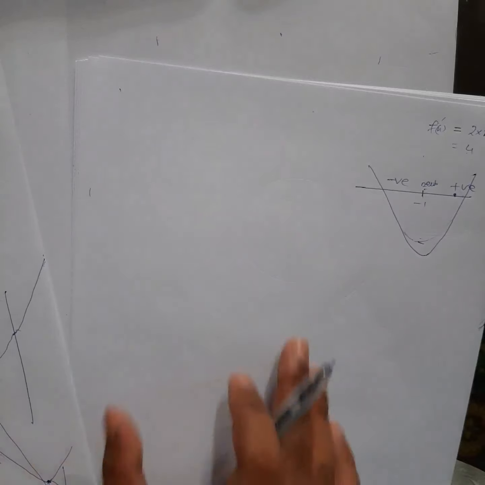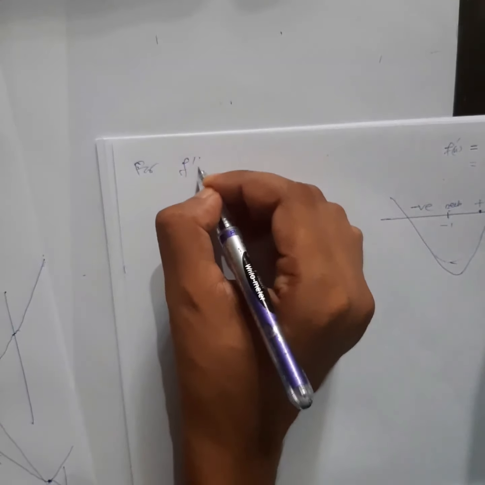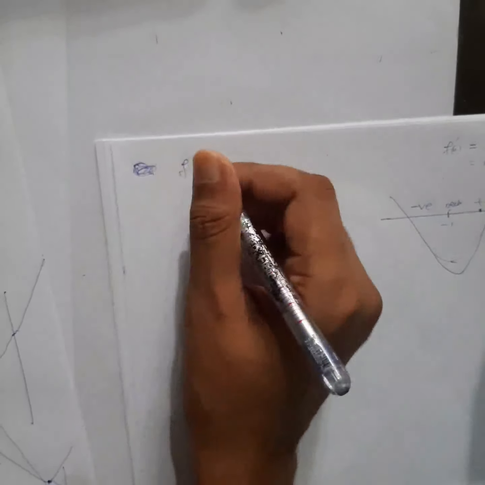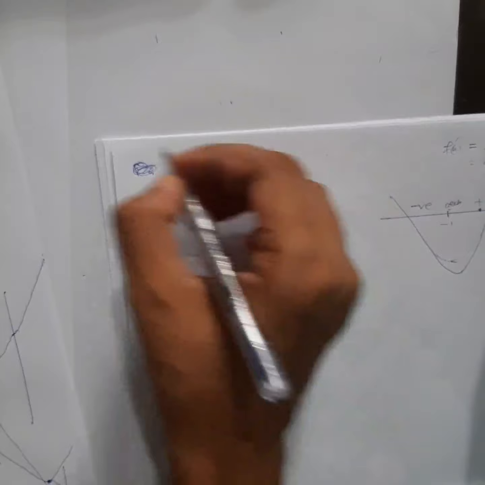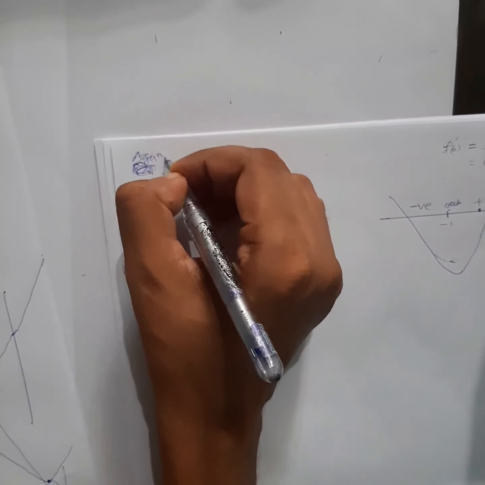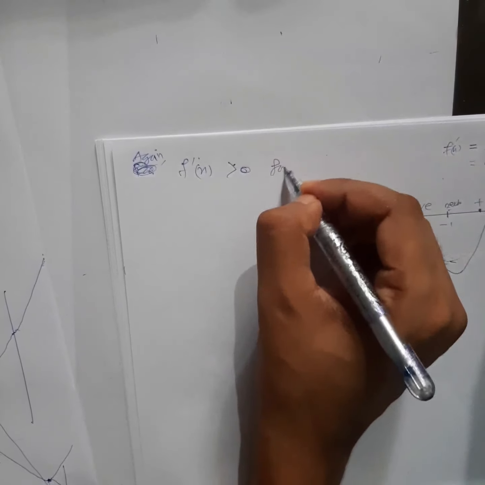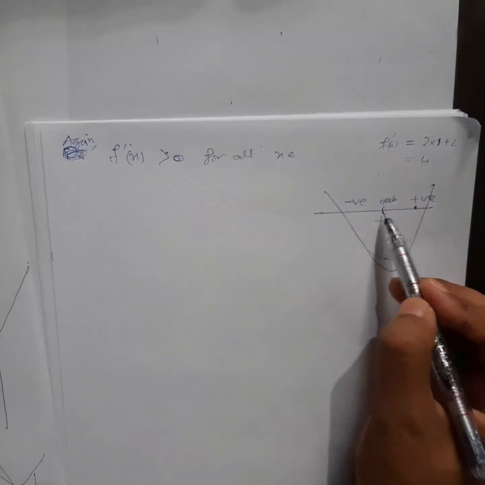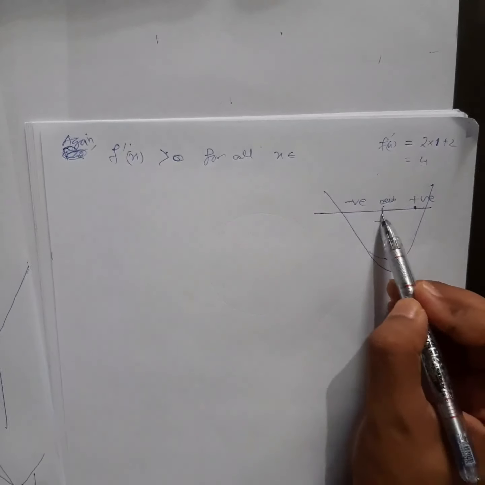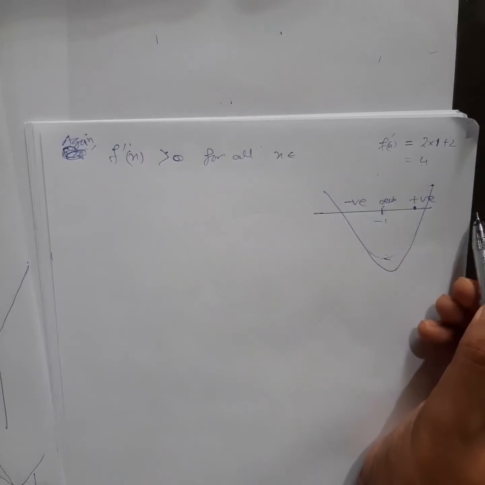First, let me write down here, for f dash x, not for f x: f dash x greater than 0 for all x belongs to which interval now? Minus 1 to infinity, right? Minus 1 you cannot include. If you include this, then it will be simply increasing.